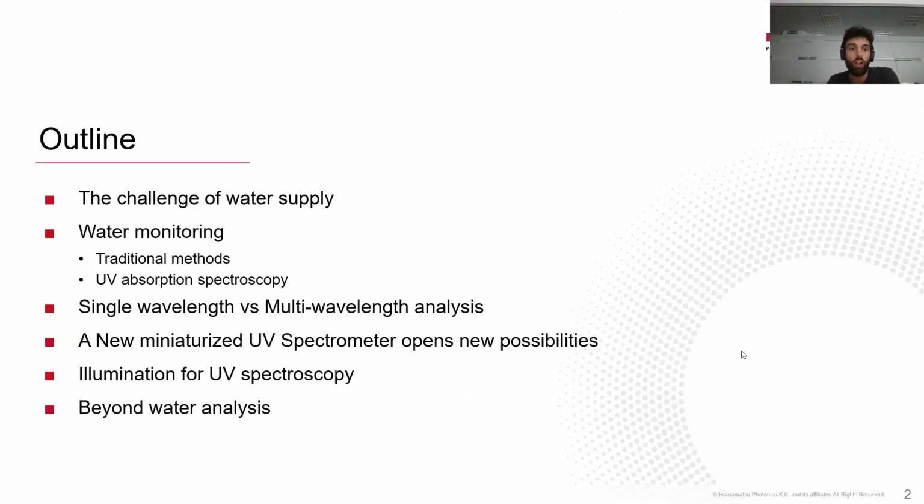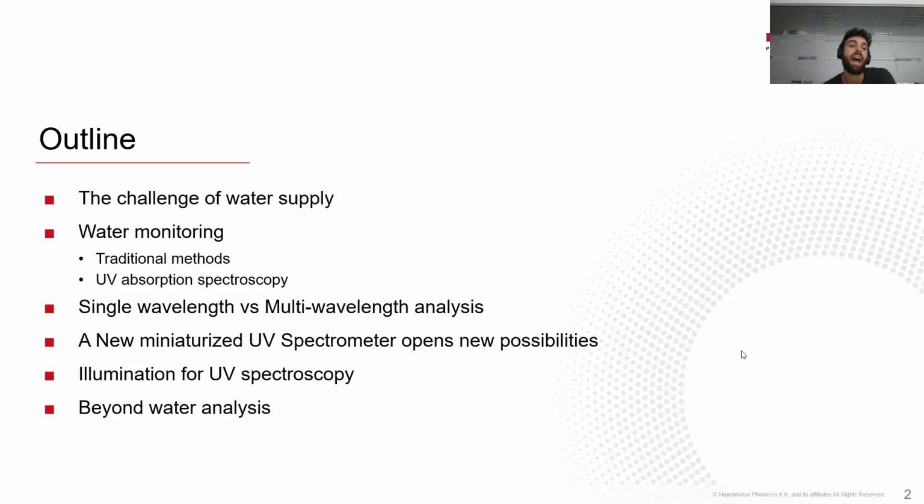So first of all, let me give you a brief outline of my talk for today. I will start introducing the challenge of water supply worldwide. Then I will talk about current methods for water quality monitoring, focusing specifically on optical methods. And among these optical methods, we will distinguish among single wavelength and multi-wavelength analysis.